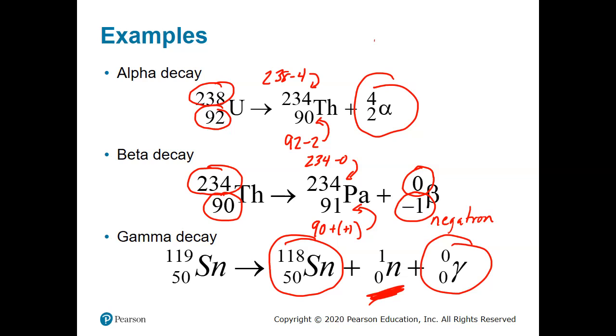So if we see a reaction where a neutron gets shaken off or a proton gets shaken off in the process, that's a real good telltale sign that it's gamma decay. Otherwise, we see very similar kinds of tendencies between the parent and the daughter nucleus.